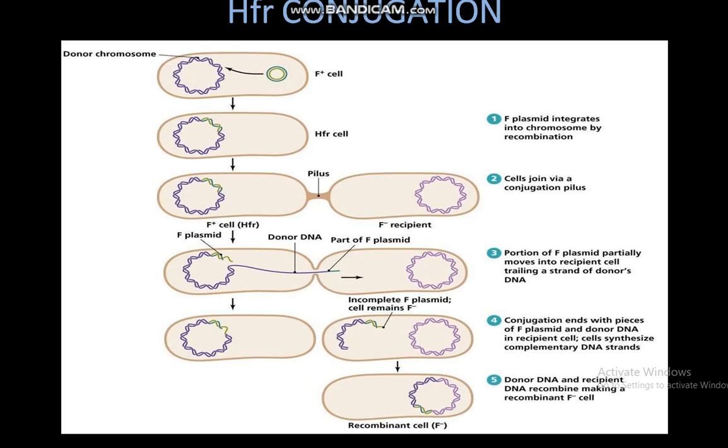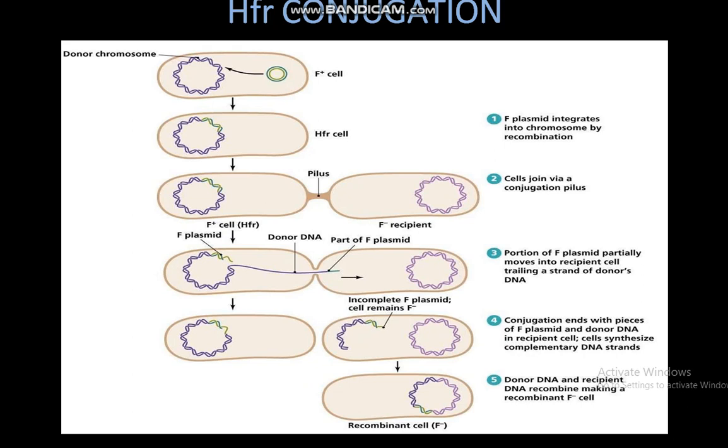Now, talking about Hfr conjugation, you can see here in the diagram, the F plasmid integrates into the chromosome by recombination. Then the cells join via the conjugation pilus. After that, a portion of the F plasmid partially moves into the recipient cell, trailing a strand of the donor's DNA.